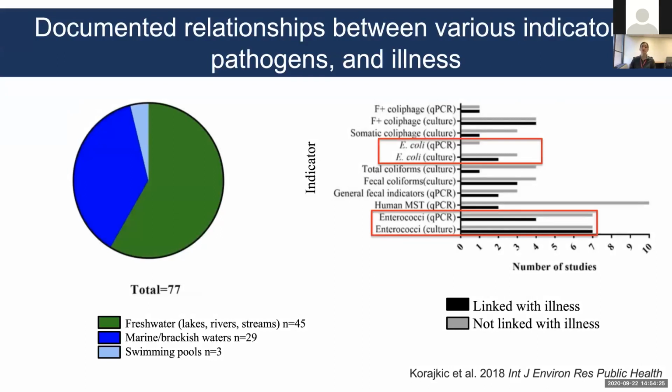So a lot of this effort to determine what to measure requires looking at the relationship between indicators, pathogens, and illnesses. So from a 2018 study, there was an evaluation of 45 such documented relationships between indicators and pathogens for freshwater, shown in the green. Yet it's much more difficult to link these occurrences with illness.